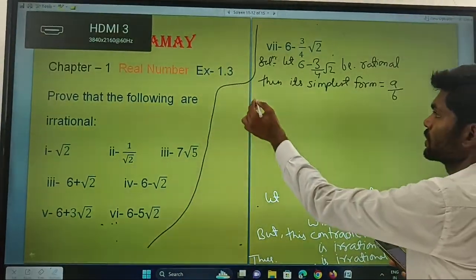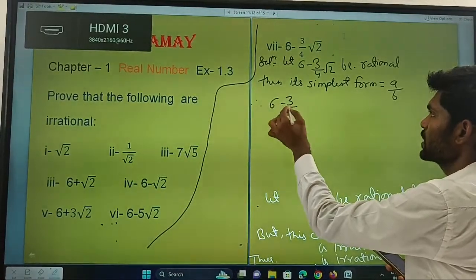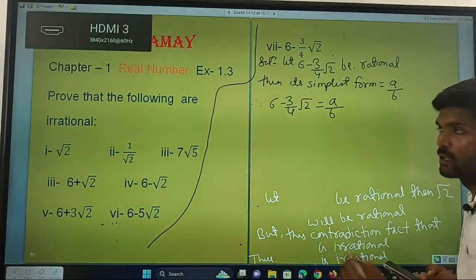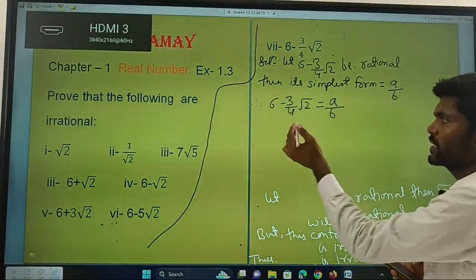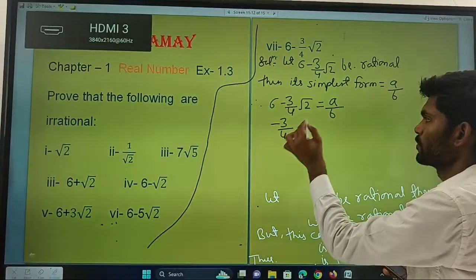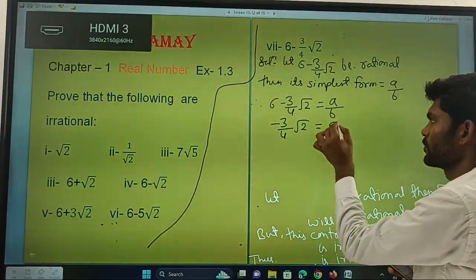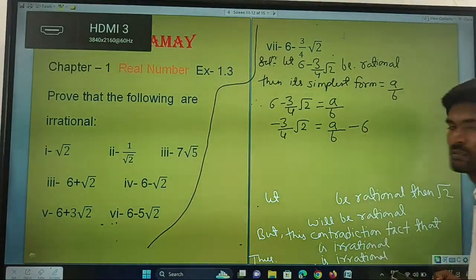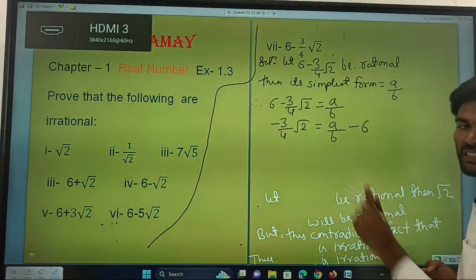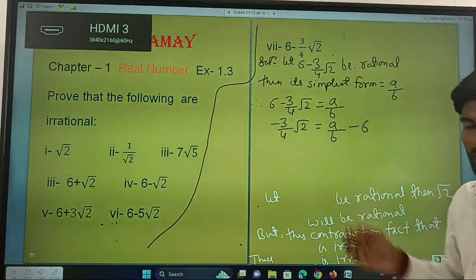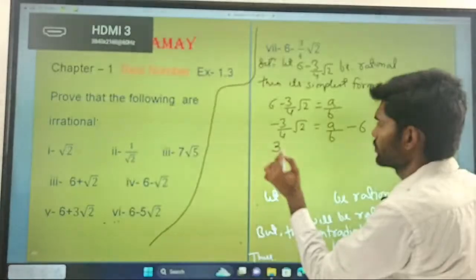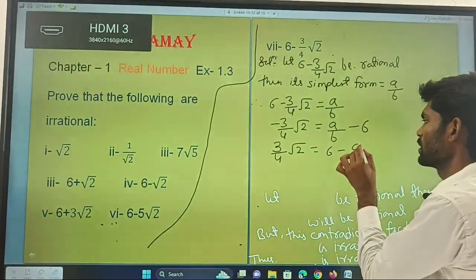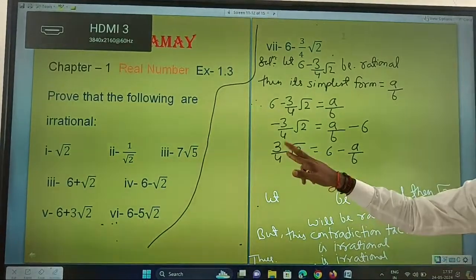Then here, therefore, 6 minus 3 upon 4 under root 2 equals A upon B. First 6 plus, then minus. Due to the minus, change the order. Here there are two things now.